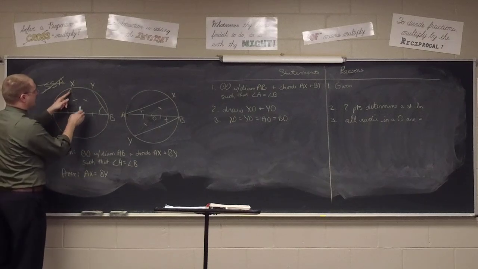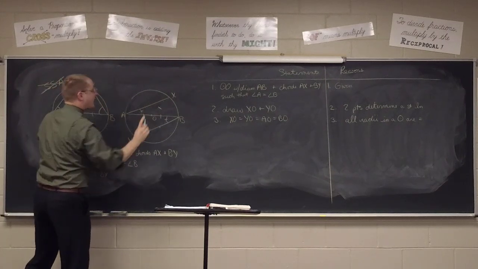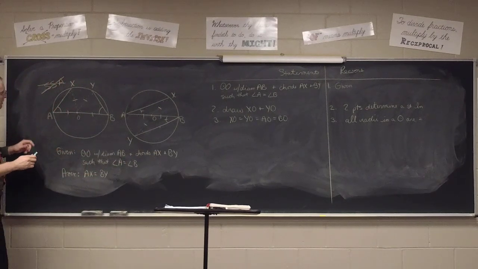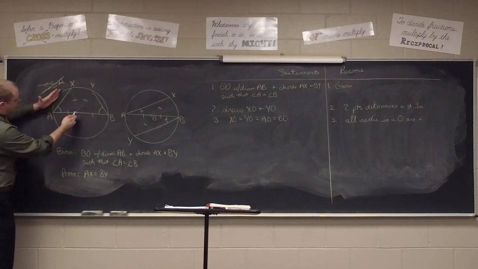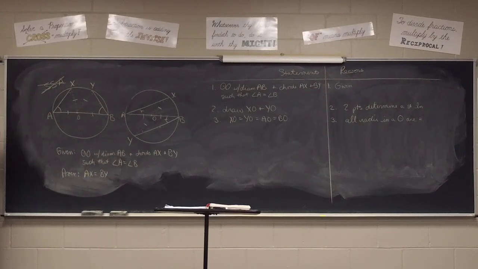Angle X and angle Y. Now, I don't know right now that they're equal, but Genesis, if I were to look at just triangle AOX, thoughts on just this triangle?